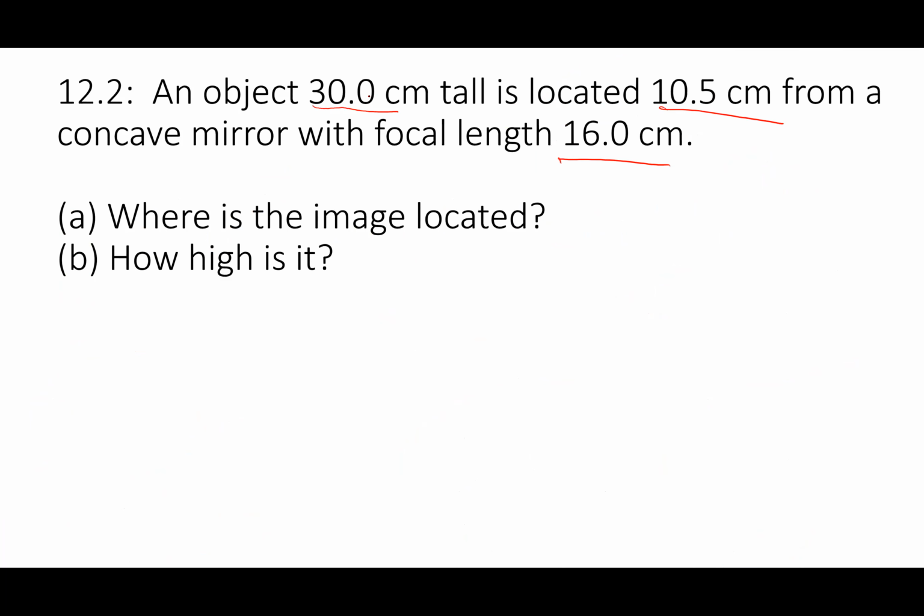Distance of object, this is object distance data. Object distance is equal to 10.5 centimeter. And object height is 30 centimeter. Height of object is equal to 30 centimeter.